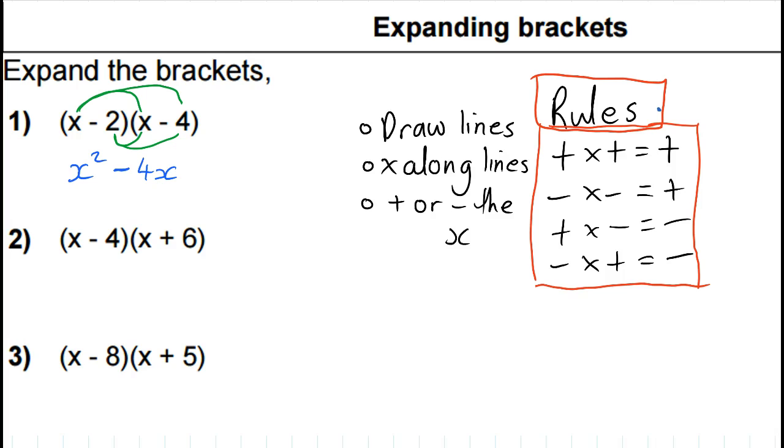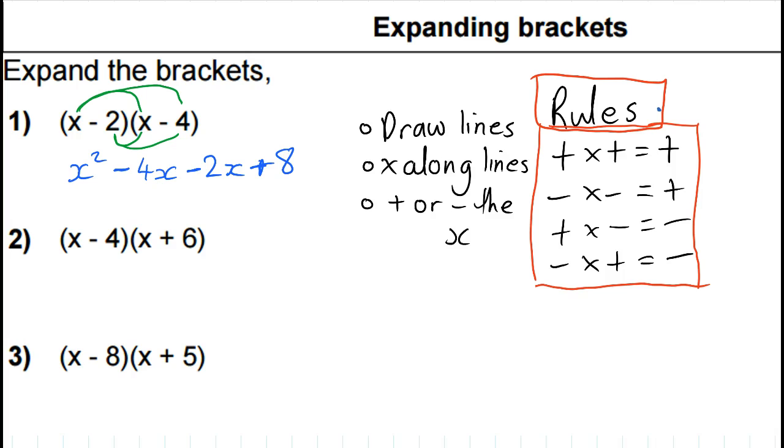Minus 2 times positive x is my next one, which will give me minus 2x, because minus times positive gives me a minus. And then negative 2 times negative 4 gives me positive 8, because a negative times a negative makes a positive. Now I've got all my terms.